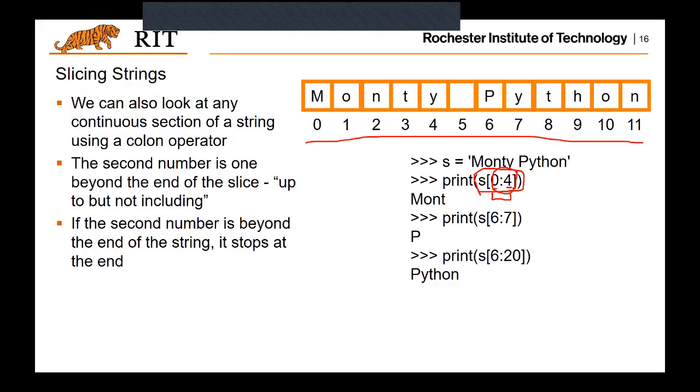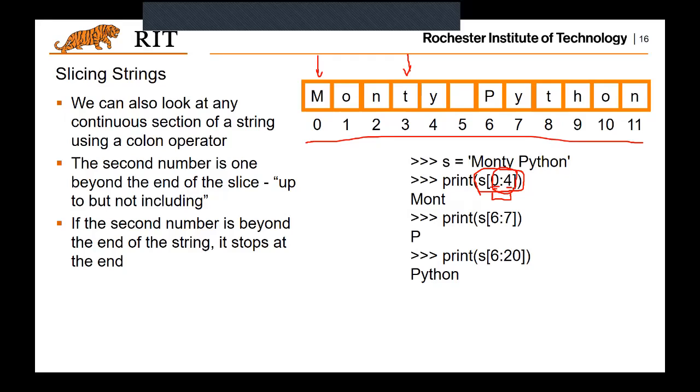For example, we have 0, 4. That means we want a substring starting from 0 and ending, in this case, not at 4, it's 3. So this one here is very tricky. You have to be careful.